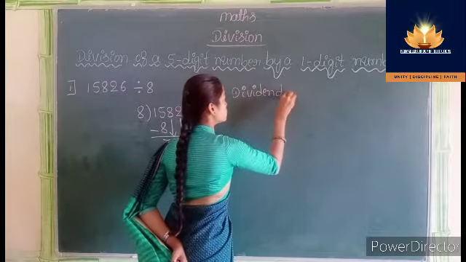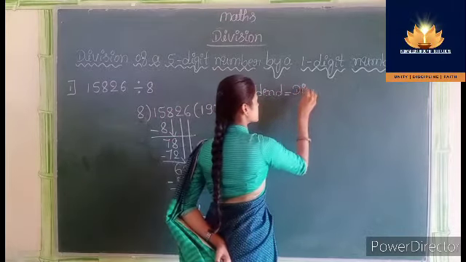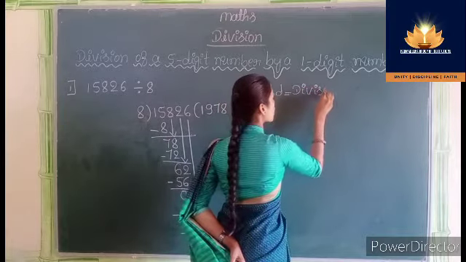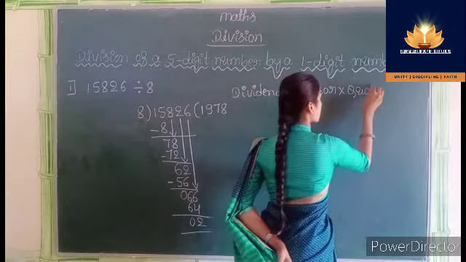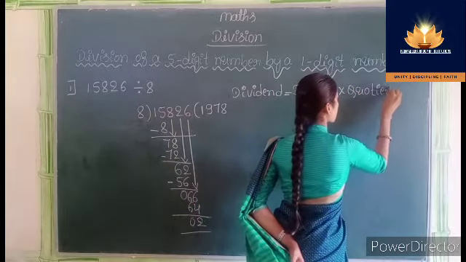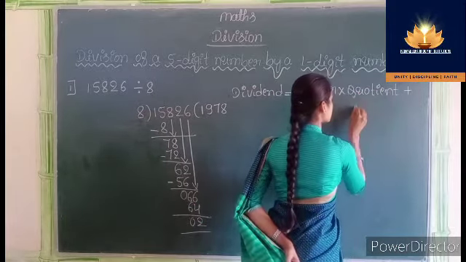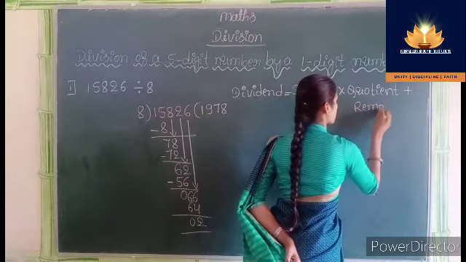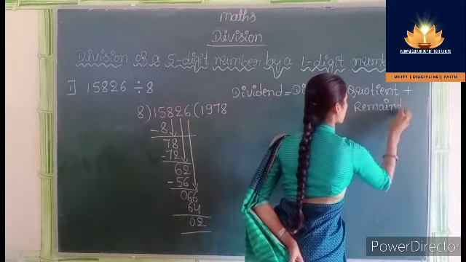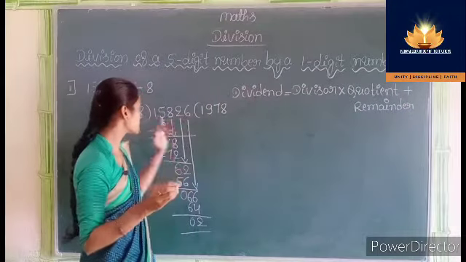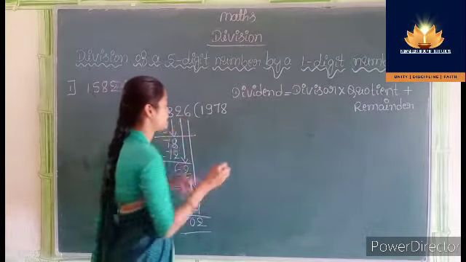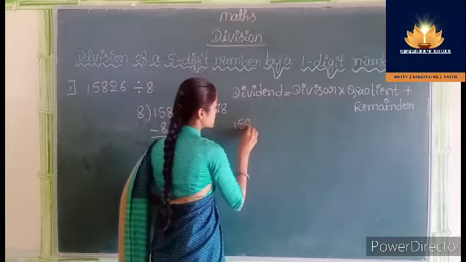Now let us verify the division using the relation, that is dividend is equal to divisor into quotient plus remainder. Here dividend is 15,826.